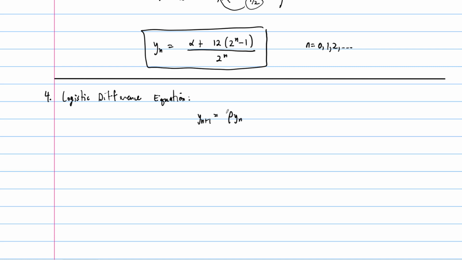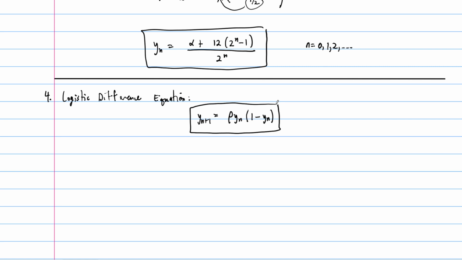So this is our population growth with our fixed constant population growth rate of rho. But then to make this a logistic model, remember what we do. We multiply by some kind of factor that looks like 1 minus y sub n. You can change this a little bit, but this one we're going to leave just like this. So this is the first order logistic difference equation.